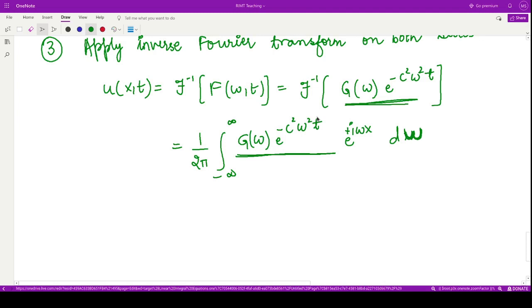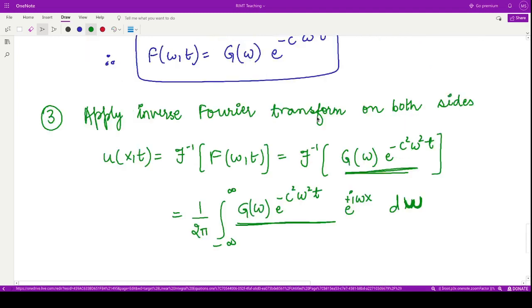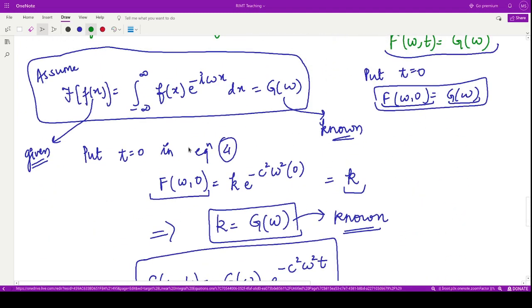Now you can also substitute the value of g of omega. What was that? G of omega was your Fourier transform of f of x. So we could substitute this value here in place of g of omega.